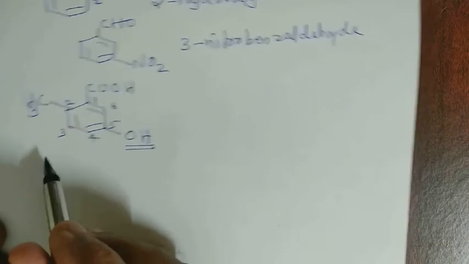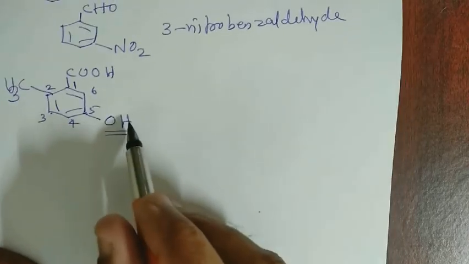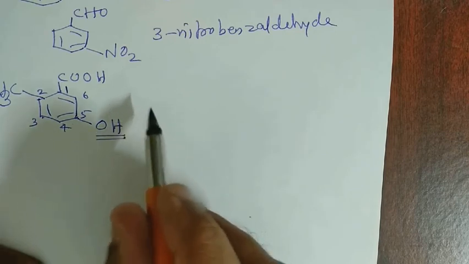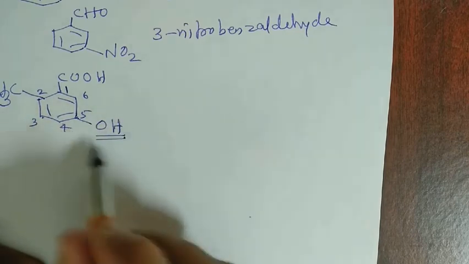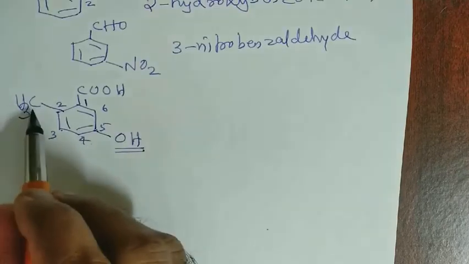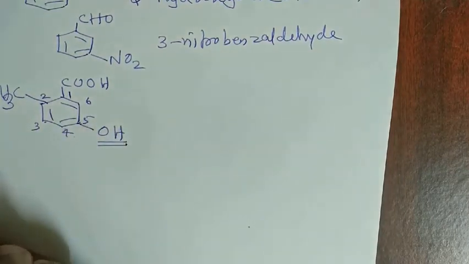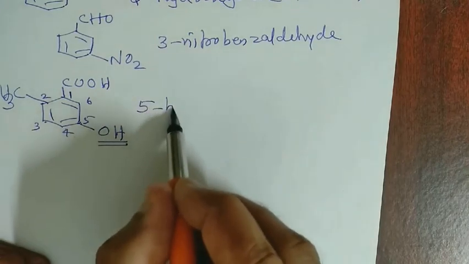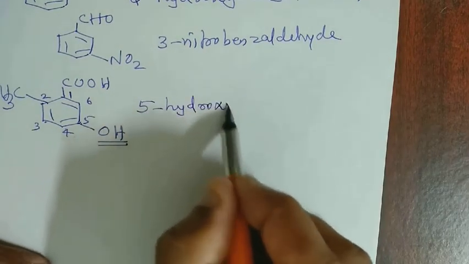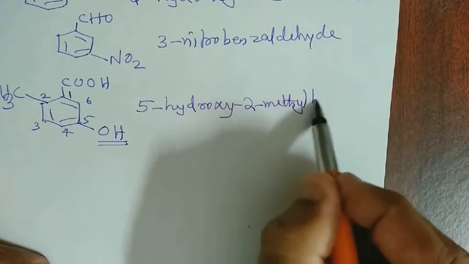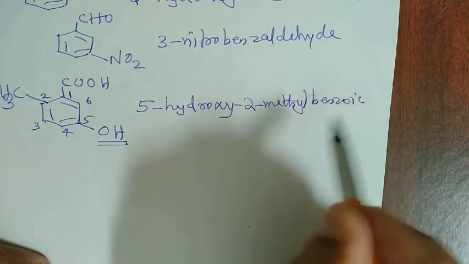While writing the IUPAC name, branches are prefixed in their alphabetical order. This branch is called hydroxy. This branch is called methyl. Therefore, its IUPAC name is 5-hydroxy-2-methylbenzoic acid.